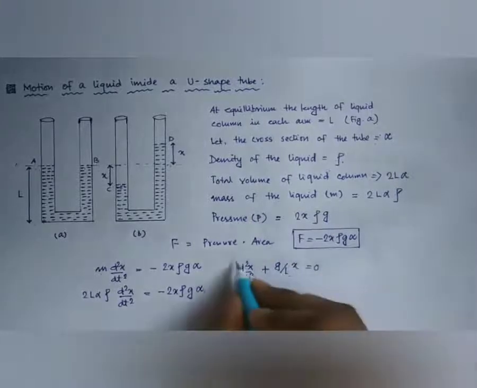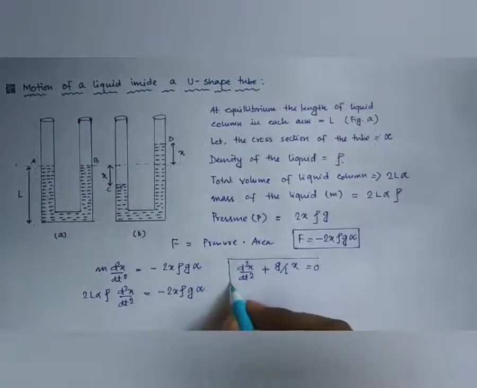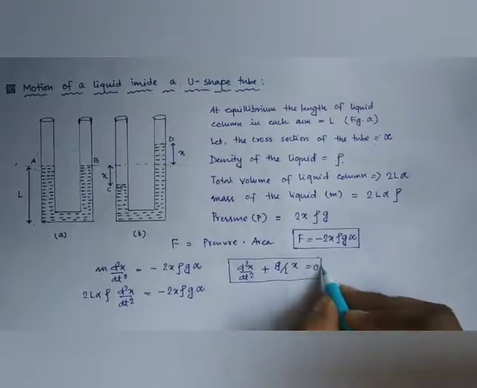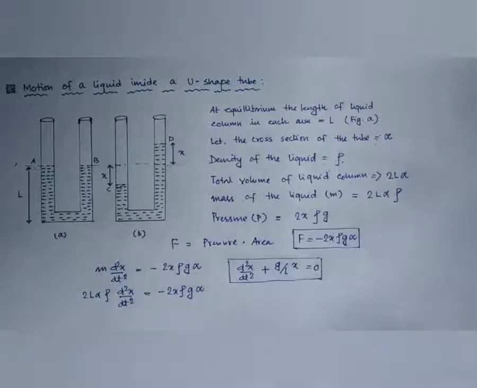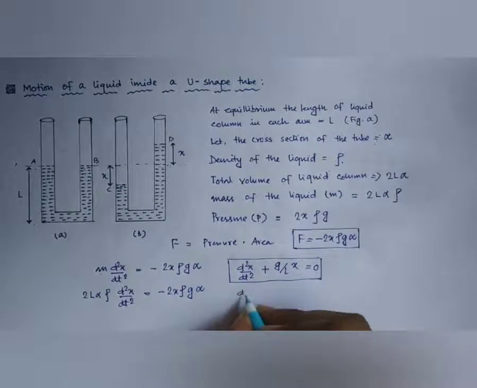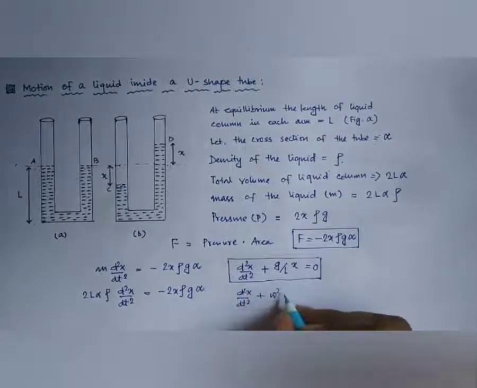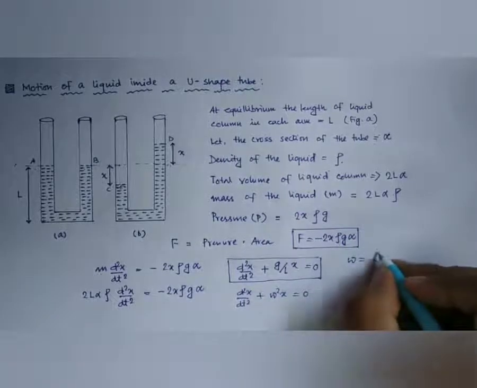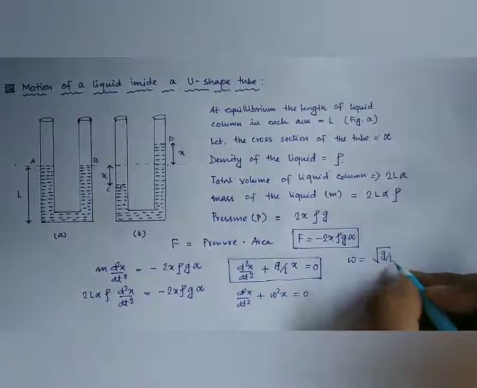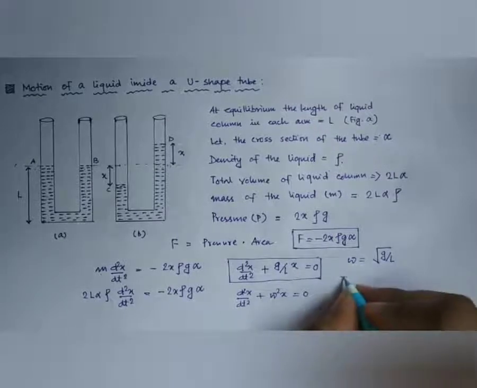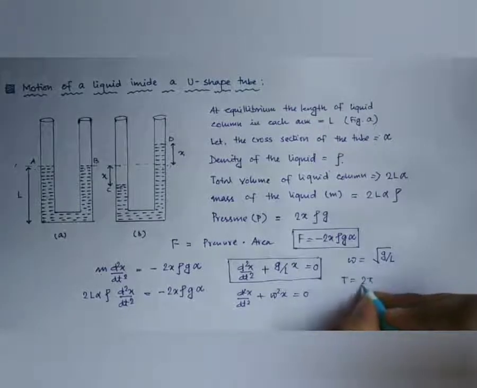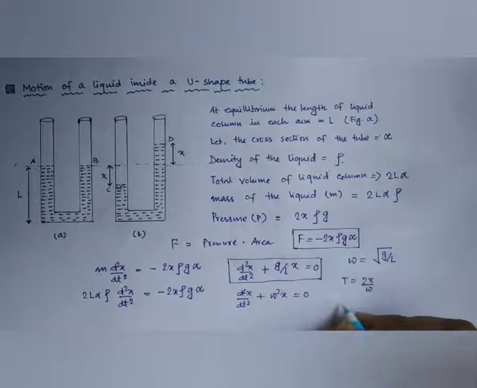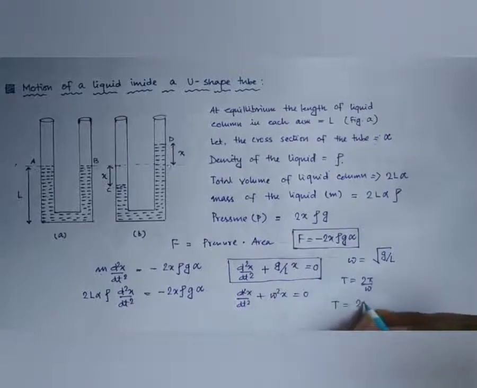This is equal to 0. Now by comparing this with our standard equation of simple harmonic motion, that is d2x/dt2 plus omega square x equal to 0, we have omega equal to root over of g by L, and the time period is 2 pi by omega, that is time period will be 2 pi root over of L by g.